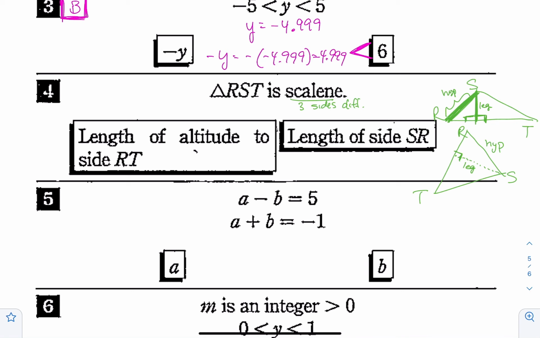So no matter what, the altitude to side RT will always be shorter than the hypotenuse, even though you don't know what the actual lengths are. So the side will always be greater than the altitude. That is always going to be inside the triangle. So for number 4, it's going to be choice B.